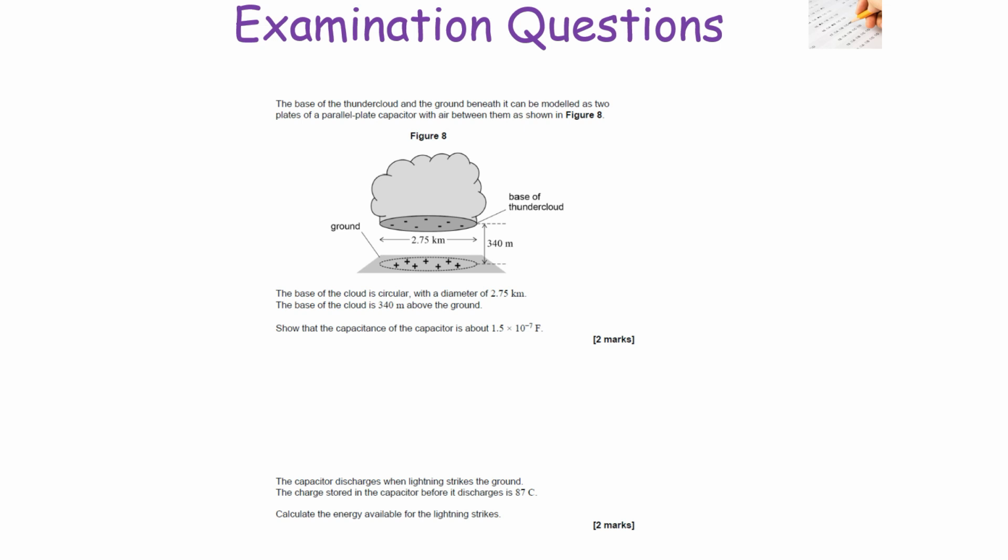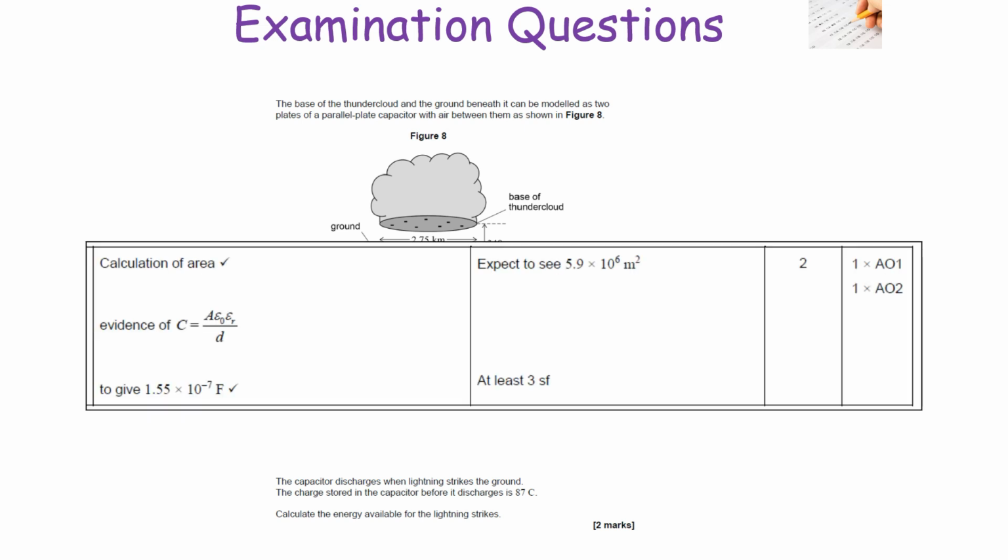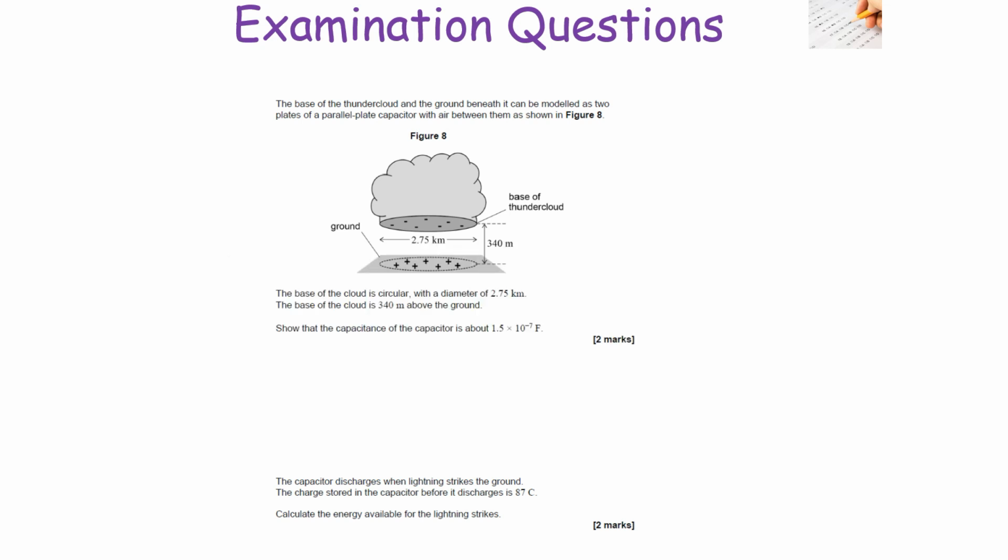Right, in this first one, we're going to have to use our equation for parallel plate capacitors, which is C is equal to A times E0 times ER over D. Now, you're given the value of D from the question is 340 meters, the distance between the two plates. Now, you've been given our diameter for the cloud to be 2.75 kilometers.